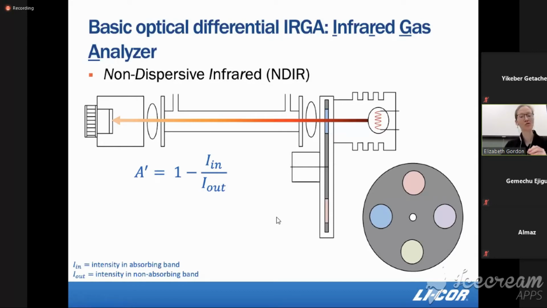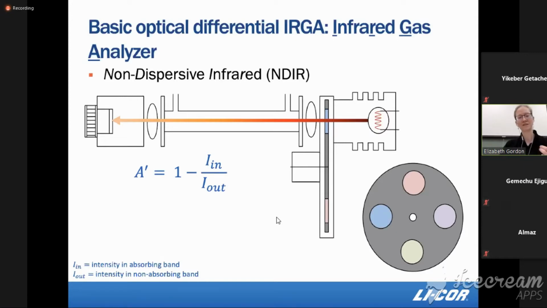We know what that number was because we know what the light bulb qualities are. And then we also just measure what comes out. And the difference between what we put in and what we put out tells us that that light was absorbed by a gas.